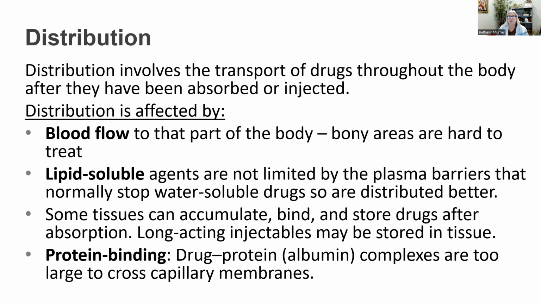Some of your tissues can actually accumulate and store drugs after absorption, particularly if you're using an intramuscular, long-acting injectable. Some of those might be Depo-Provera for birth control management. Some of the chronic disease drugs, arthritis drugs, are given once a day, once a week, once a month.